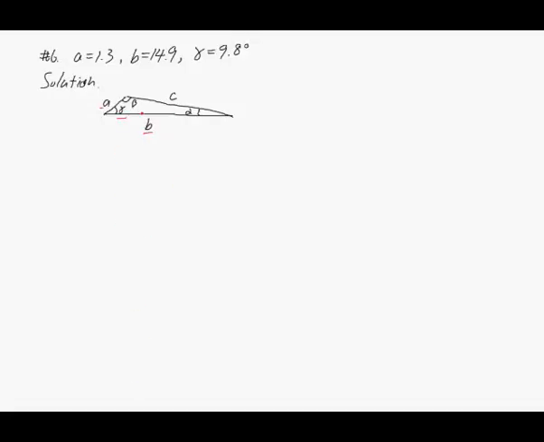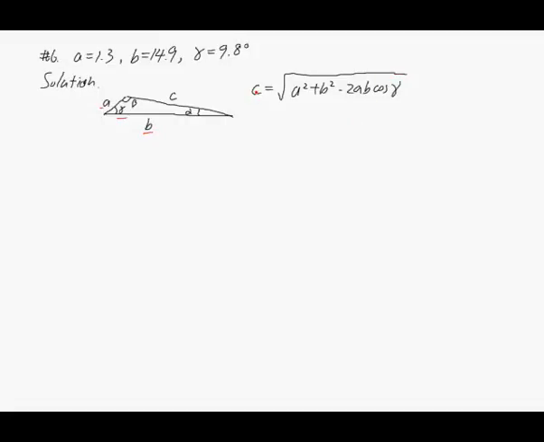Then we need to find c, beta, and alpha. First, let's find c. Using one formula in the law of cosines, c is equal to the square root of a squared plus b squared minus 2ab times cosine gamma, because we know the angle opposite this length c.